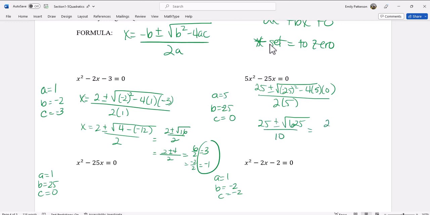So we have 25 plus or minus the square root of 625, which is 25, over 10. So we evaluate this again. 25 plus 25 is 50 over 10. Then we have 25 minus 25 is 0 over 10, which is 0. So go ahead and plop these other values in and see if you don't get the same answer as me.